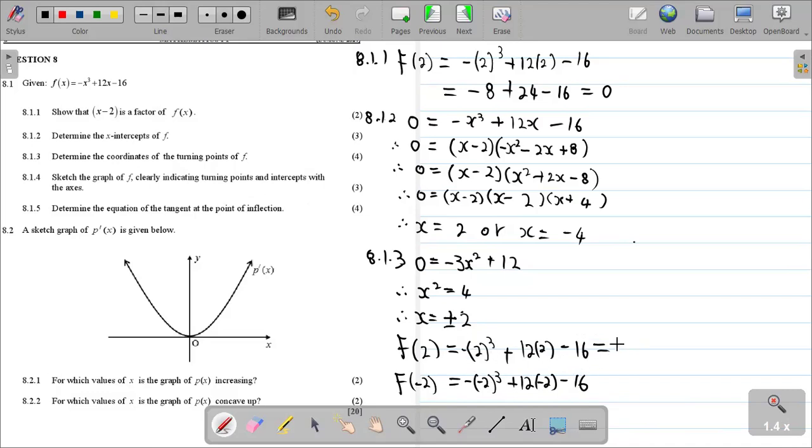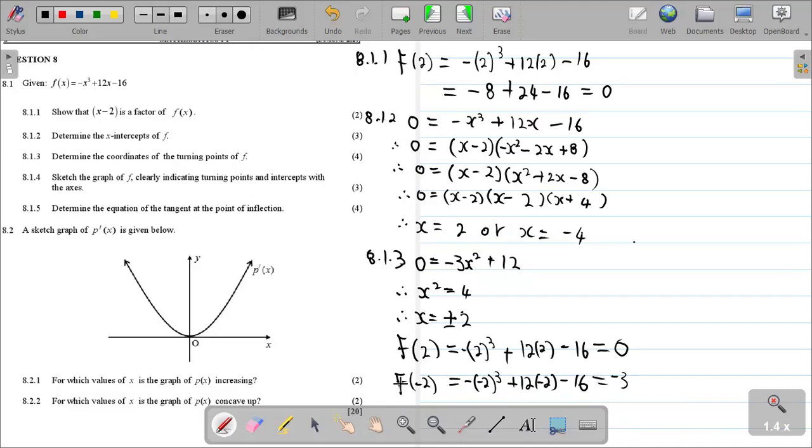So we get what here? You use a calculator. Good. Here we get a 0 and then here you get negative 32.